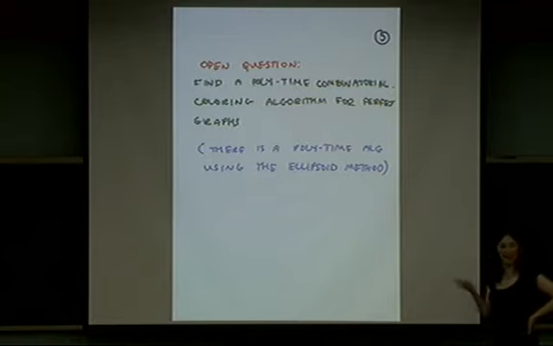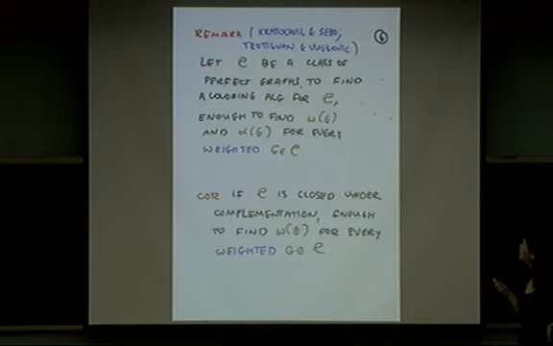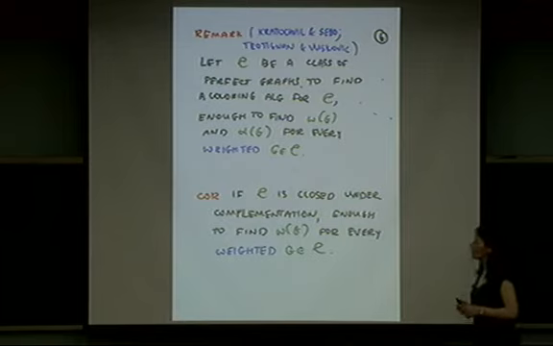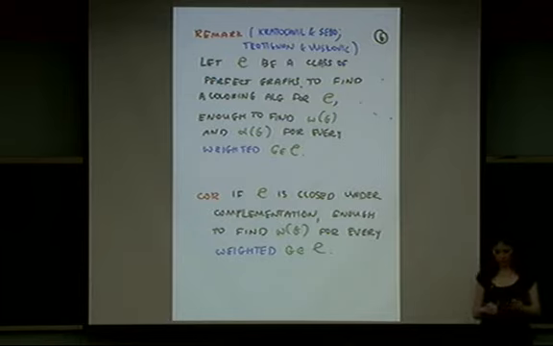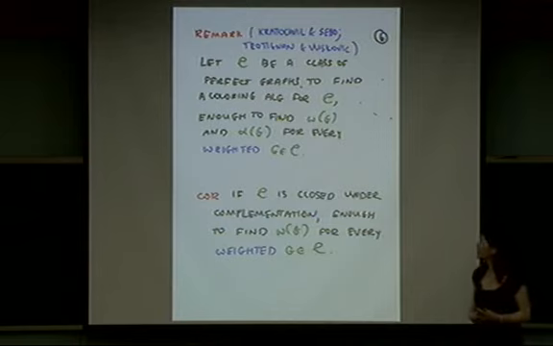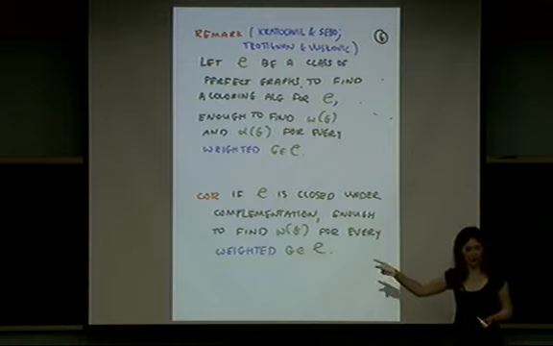And so I'm going to say something about that. First of all, there's a remark to make. If I want to color perfect graphs, or if I want to color a class of perfect graphs, it's actually enough to solve a different problem. It's enough to be able to find the clique number and the stability number. I should tell you what the stability number is.